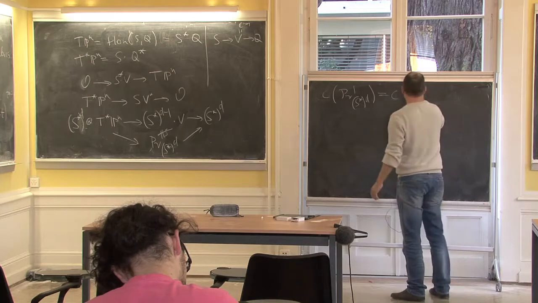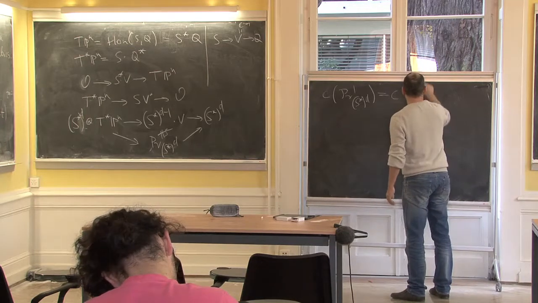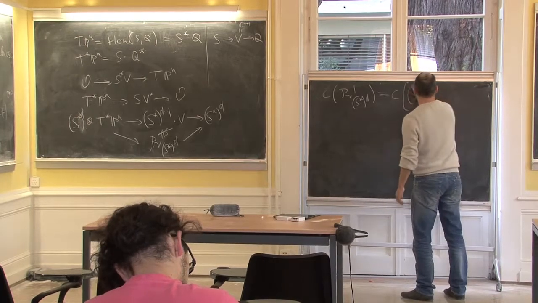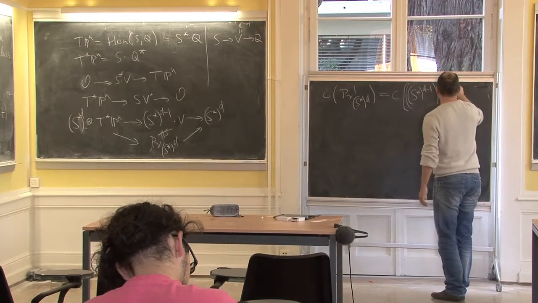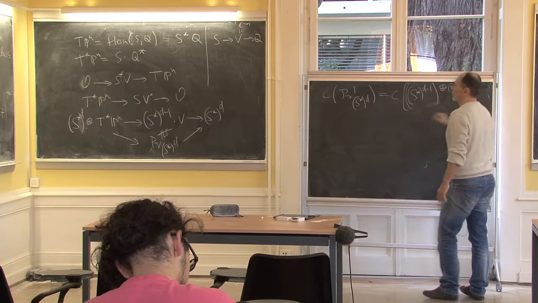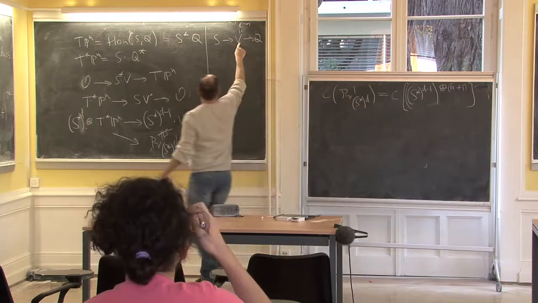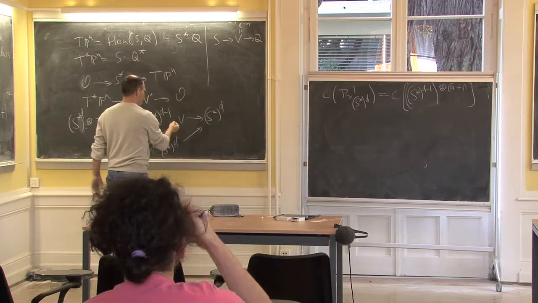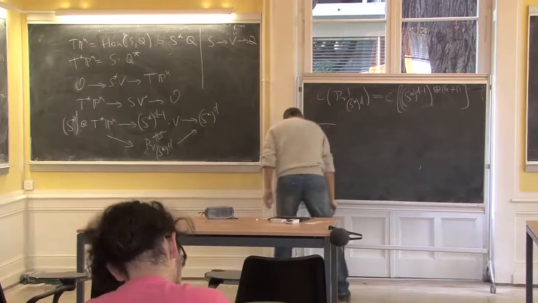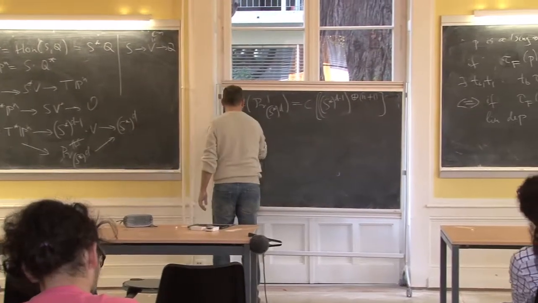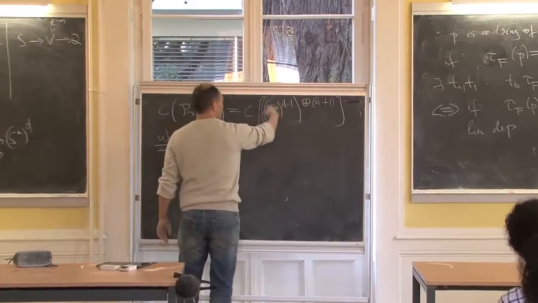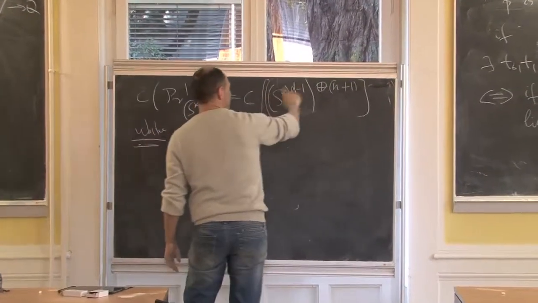So this is just S star to the power D minus 1, and then you take this n plus 1 times the dimension of this bundle V. That's what this means. And so then by Whitney, this is just the total Chern class of this to this power.